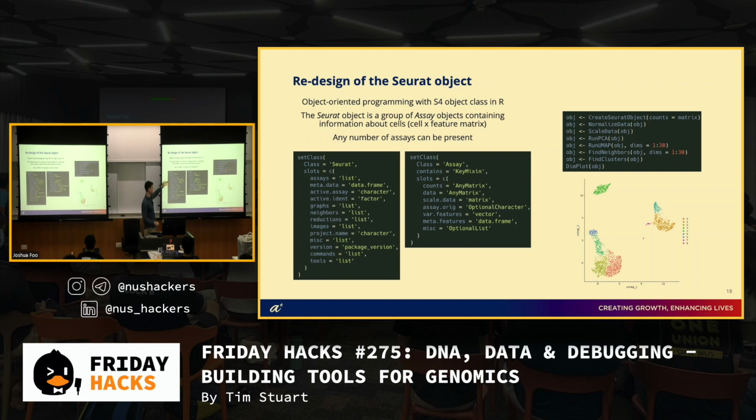In the class definition, you define what type these all can be. And one of the slots is something that we call assays. Then we have another class that we call the assay class, which contains the count matrix information and all of this. So the change is that now this becomes a list of assays, and in our object, we can store as many of these different assays as we want.